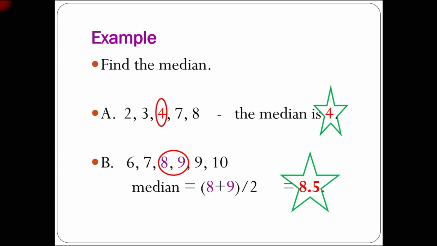So, that's 8 plus 9 divided by 2. So, 8 plus 9 is equal to 17. And 17 divided by 2 is equal to 8.5. Yung 8.5 na yan yung magiging median natin. Tandaan ninyo, huwag nyo siyang gagawing whole number. Kung anong lumabas, kung whole number siya, kung decimal siya, yun na yun. Yun yung ilalagay ninyo. Okay?